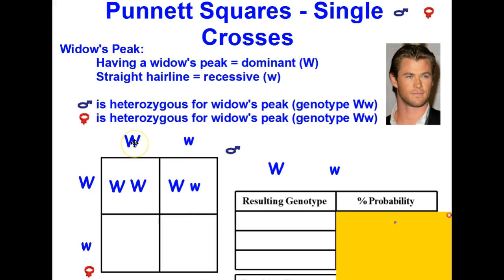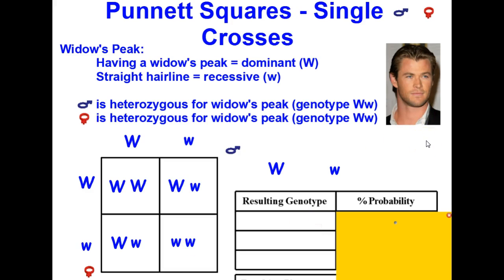What if you ended up with the big W from the dad and the little w from the mom? That would again give you the heterozygous dominant, which would be big W, little w. What if you inherited the little w from your dad and the little w from your mom? Well, that means you would get a little w from each, and you would end up with a homozygous recessive.